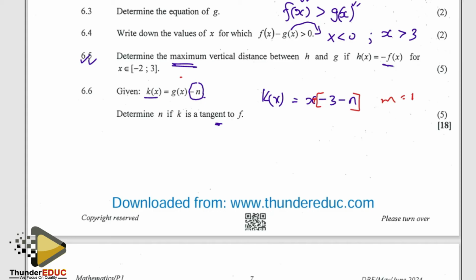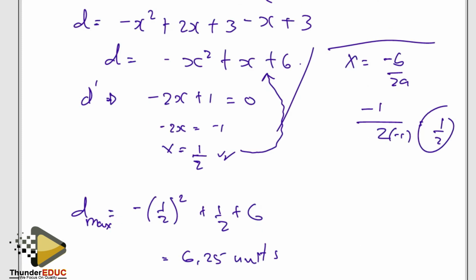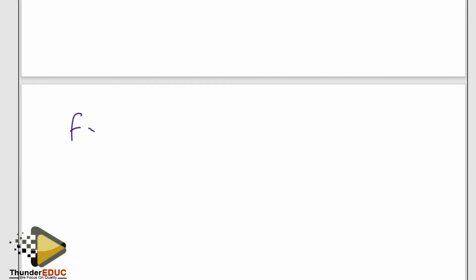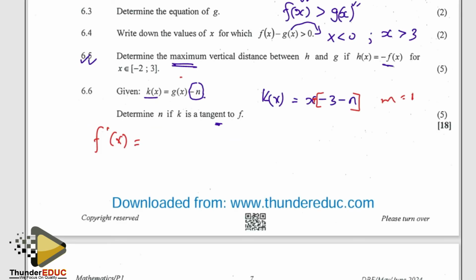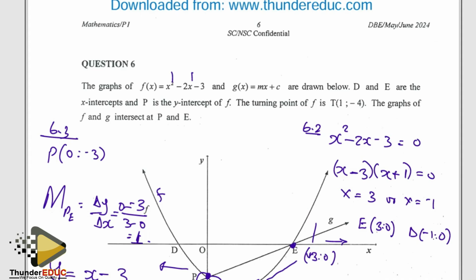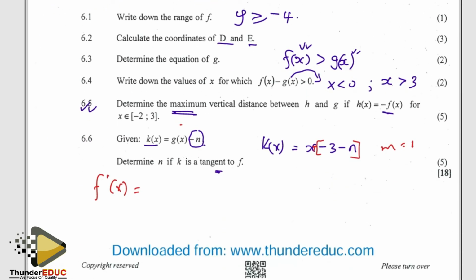So let me get the first derivative of f. Remember, our f was x squared minus 2x minus 3. Is that correct? Yes, that is correct.